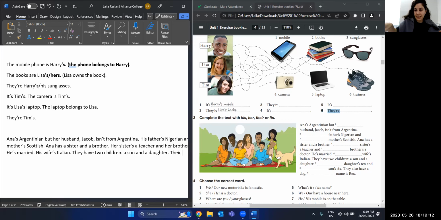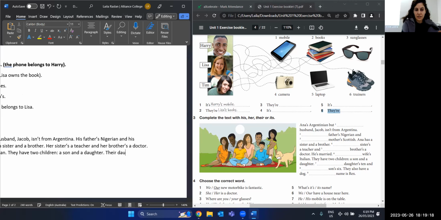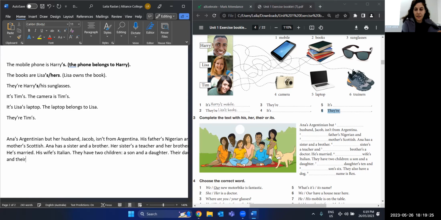Because we're talking about two people now, the husband and wife, their daughter's 10, and their son is 6. They also have a dog.